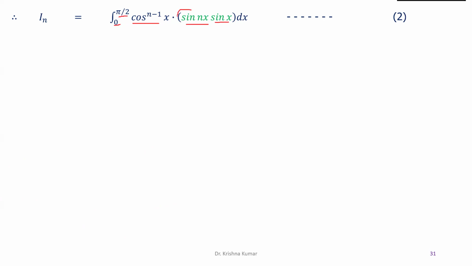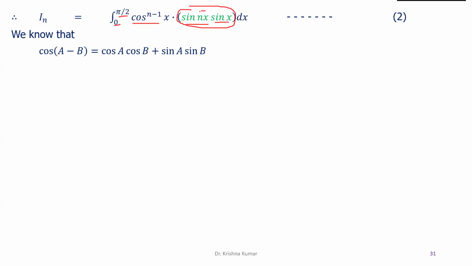Now let us try to calculate this value. What is the value of sin nx into sin x? Or we can also say, what is sin a into sin b? We know that cos(a minus b) is equal to cos a cos b plus sin a sin b. Here a is equal to nx and b is equal to x.